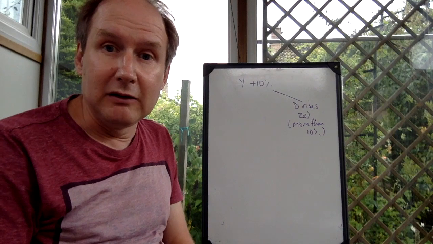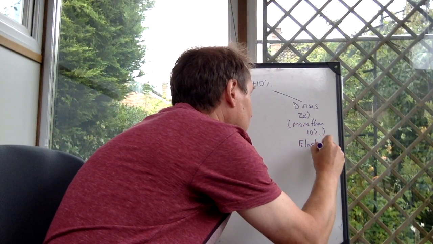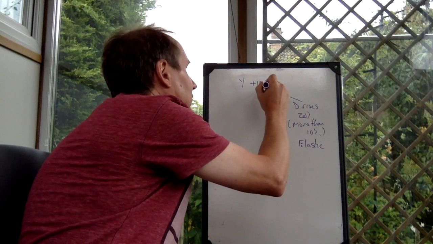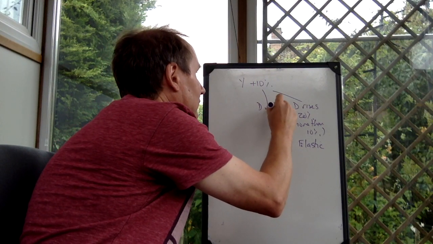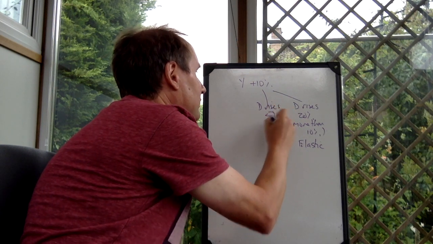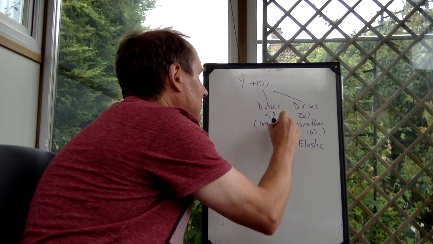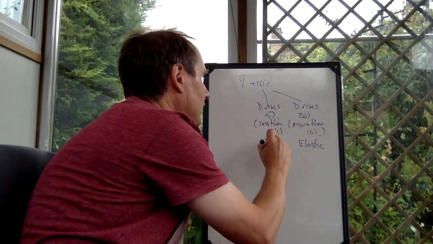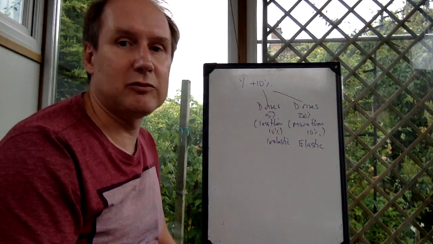Then that would be income elastic. Let's suppose that income rises and demand rises, but it only rises by 5%, less than 10%. In which case that's going to be inelastic, because it's changed less than proportionally.